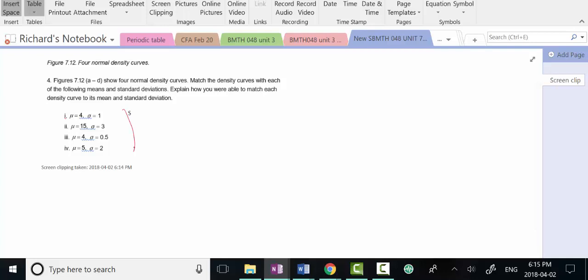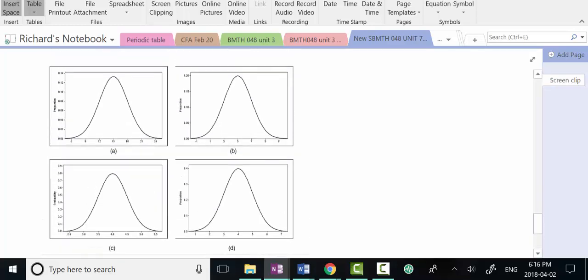Notice that set number 1 has a mean of 4. Set number 3 has a mean of 4, but different standard deviations. So let's see if we can pick those off first from our graphs here.